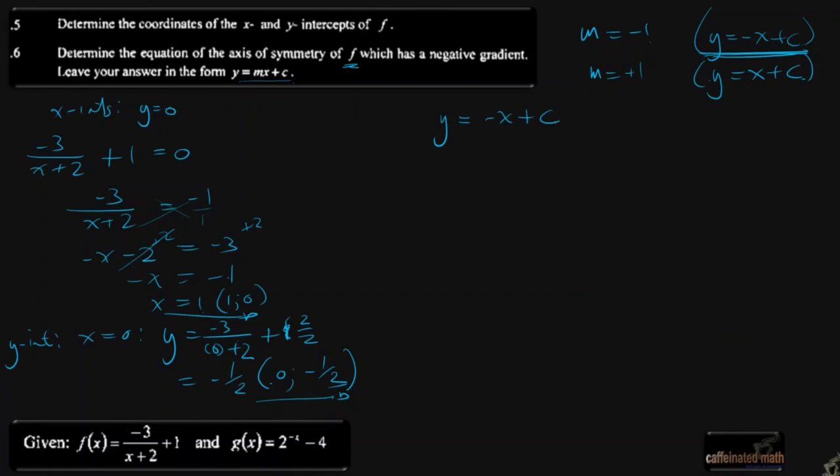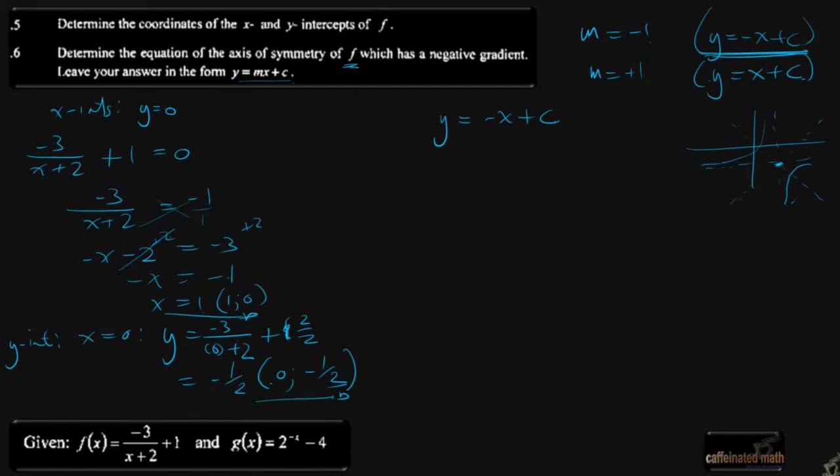Well, if we have a look at any hyperbola, the axis of symmetry intersects at the same point where the asymptotes intersect. So that point where the asymptotes intersect exists on both lines of symmetry, or both axes of symmetry, which means we can take that point.